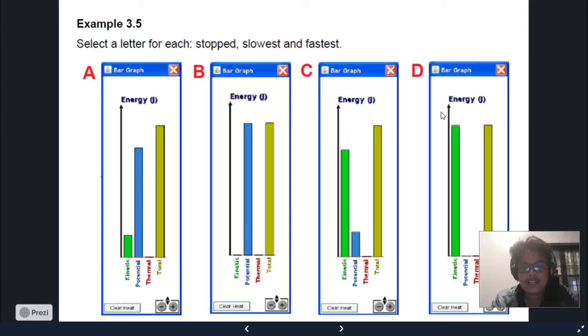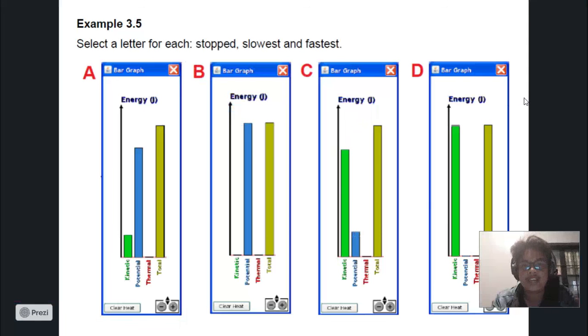Alin dito sa ABCD ang kanyang energy summary kung siya ay naka-stop, or kung siya ay at its slowest velocity, and which one naman yung fastest. Okay, so pili lang kayo sa ABCD.